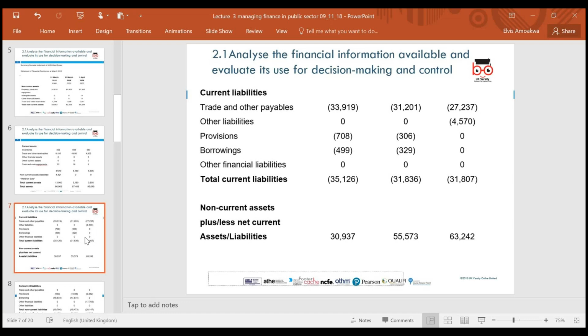Don't get worried about the figures. When we start analyzing, you'll understand what I'm going to talk about. So I'm showing you a sample of the financial statement of NHS Works Assets. That's all. After that, we'll see how we'll be able to use this information to make proper decisions.